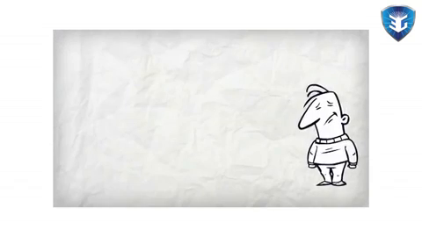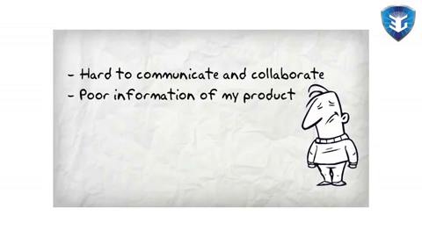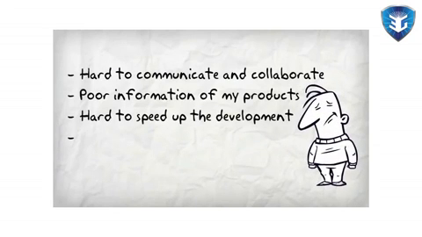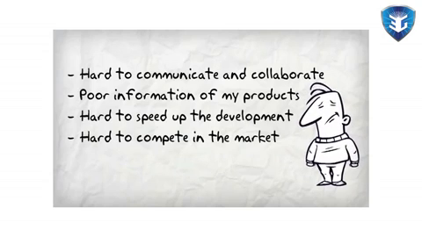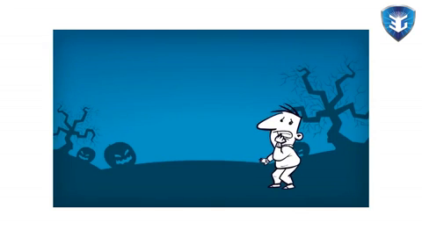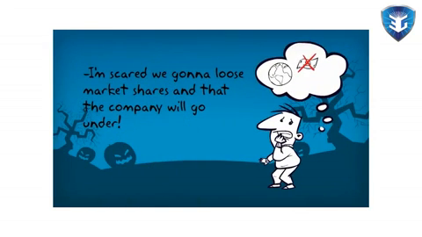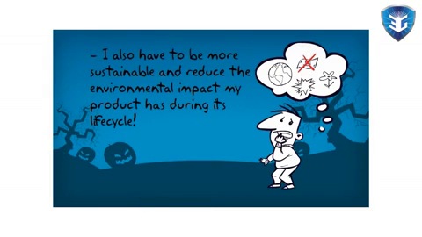And this makes it hard to communicate and collaborate, and there's poor information about my products, and it's hard to speed up the development, and it's hard to compete in the market. I'm scared we're gonna lose market shares and that the company will go under. I also have to be more sustainable and reduce the environmental impact my product has during its life cycle.